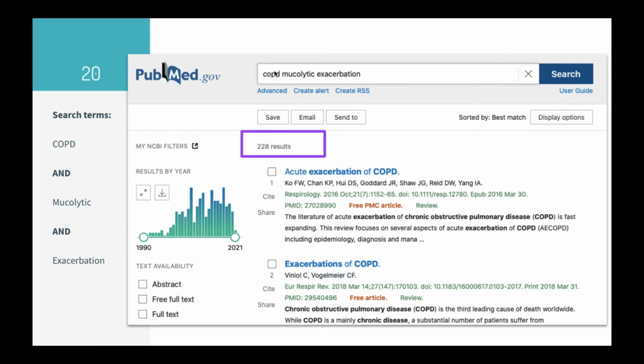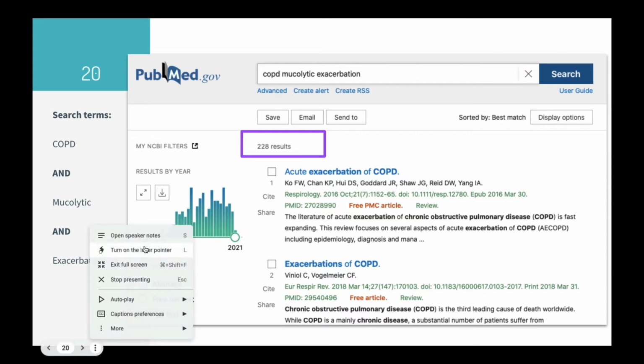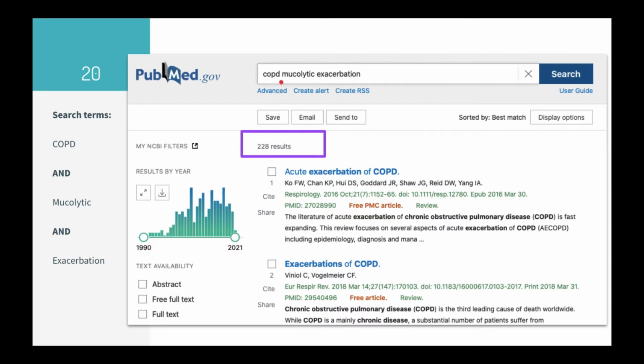Note I have COPD, mucolytic, exacerbation, and I don't have any ands in between these terms. But what PubMed does automatically is it assumes that there's an and in between each of these terms. So PubMed will assume there's an and between my search terms unless I say otherwise, unless I type an or a not.